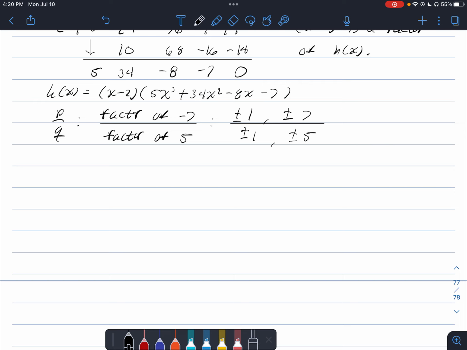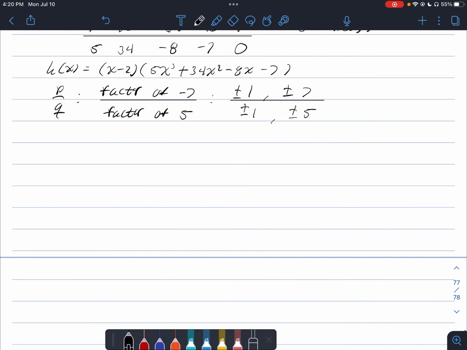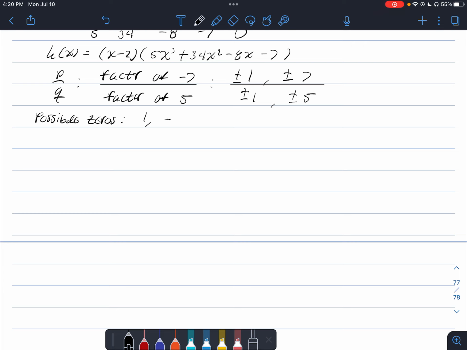Okay. So that means that all of our possible zeros are going to be 1, -1, 1/5, -1/5.